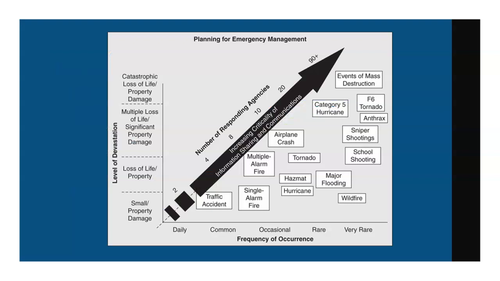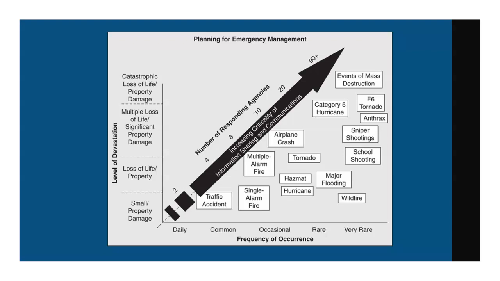So basically, this is what we're looking at, planning for emergency management. On the left-hand side is the level of devastation, from small up to catastrophic. And then the frequency of occurrence. So maybe on a daily response, you have small events that happen all the time.